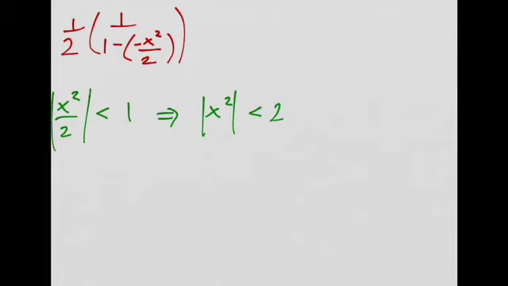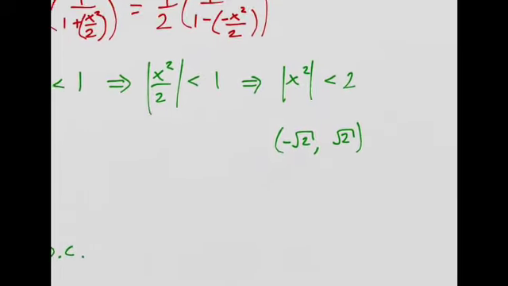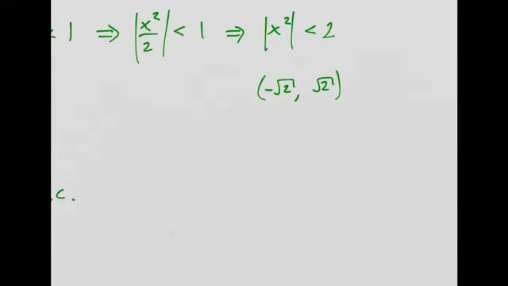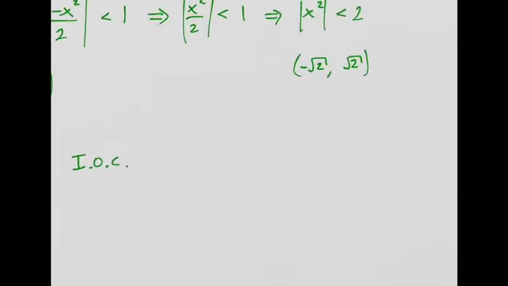So what things can I put in here? And actually, I don't even need the absolute value because it's always going to be positive anyway. But x can be the square root of 2 because the square root of 2 squared is 2. So I can say negative square root of 2 all the way to square root of 2, right? Because that'll give me my stuff. All right, so my interval of convergence, there it is.